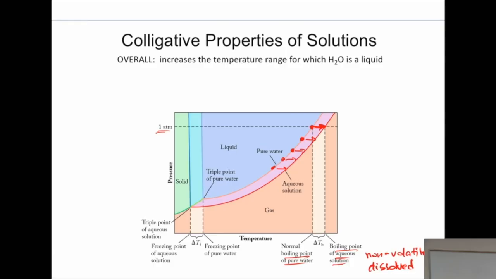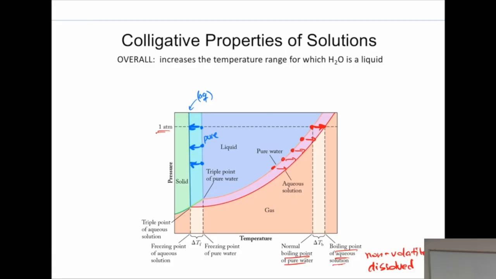And for the freezing point, here's the normal freezing point of pure water. So again, this line here is going to be of pure water. And this line here is going to be, again, our aqueous solution. We're lowering the freezing point. Okay? I'm just showing you what we've been talking about, but overlaying it on this graph that you've seen before.